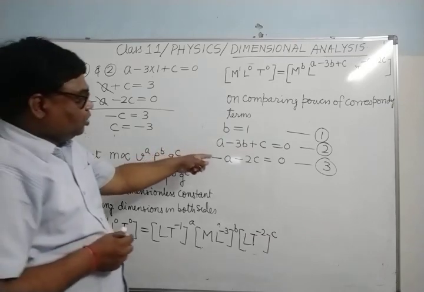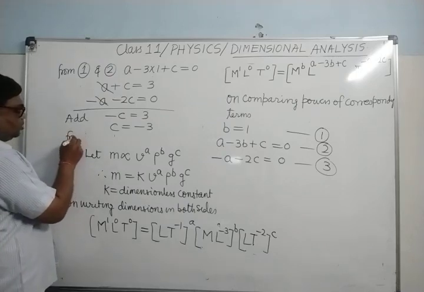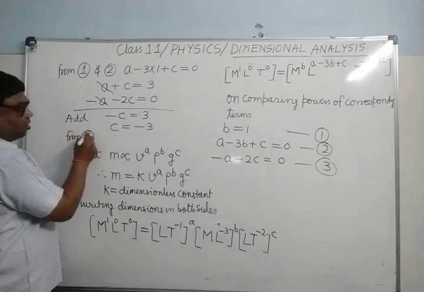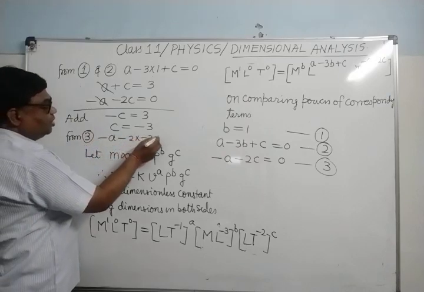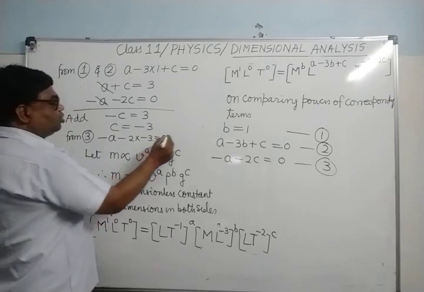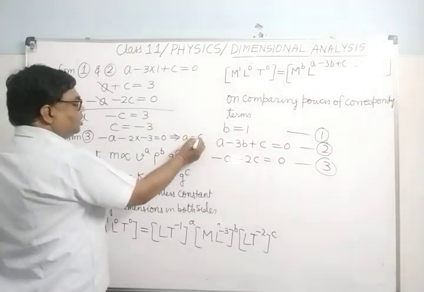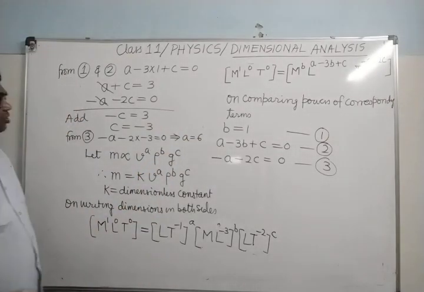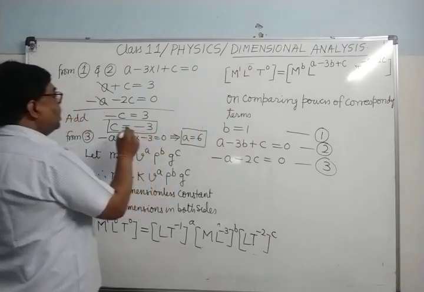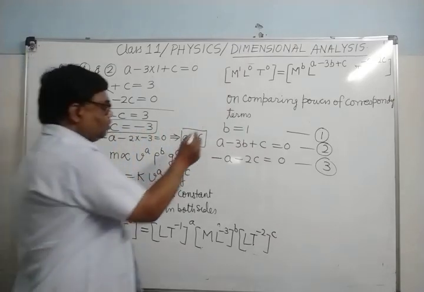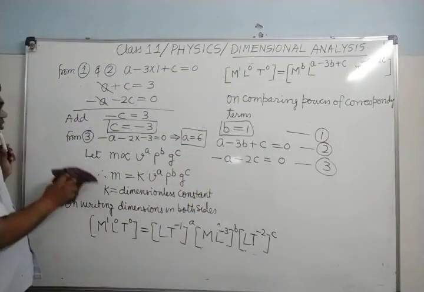Now you substitute here. So from equation 3: minus a minus 2 into minus 3 equals 0. So a equals 6. So here you have found c equals minus 3, a equals 6 and b equals 1. So what will be the formula? You substitute here.